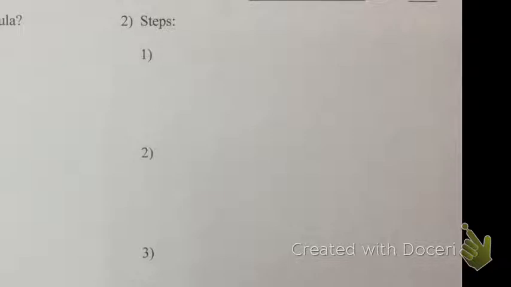Okay. The next thing that we're going to talk about are the steps in using 2 points to write an equation. So the first step is to find the slope given the 2 points.